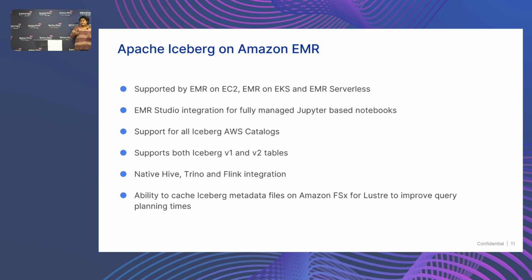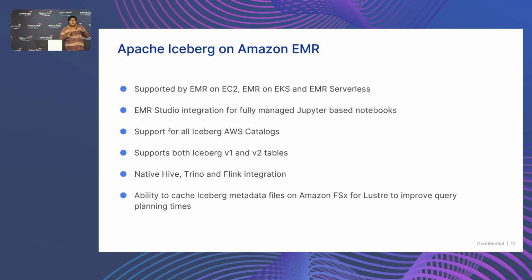And it's very important that the metadata file operations are as fast as possible, right? Especially on the reader side. And that is the reason why we provide the option to store your metadata files on FSx for Lustre. Now, Iceberg also has a feature called fast scan planning, I believe, which really speeds up the metadata file operation process.